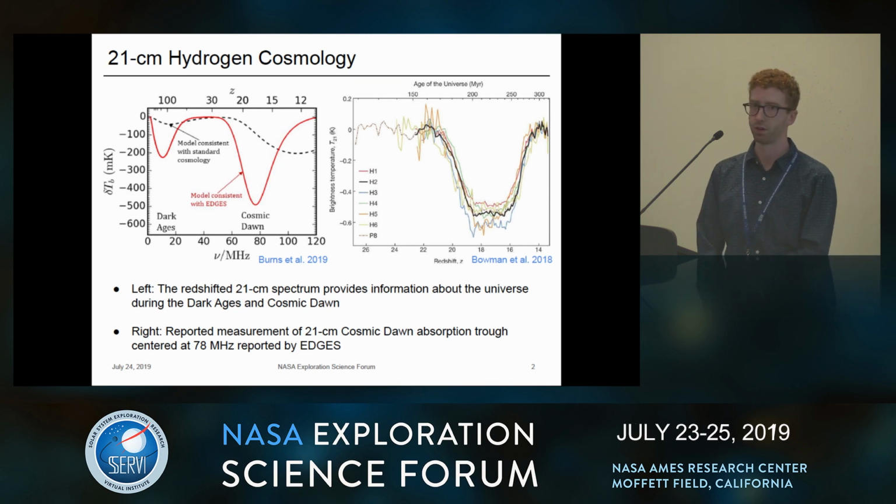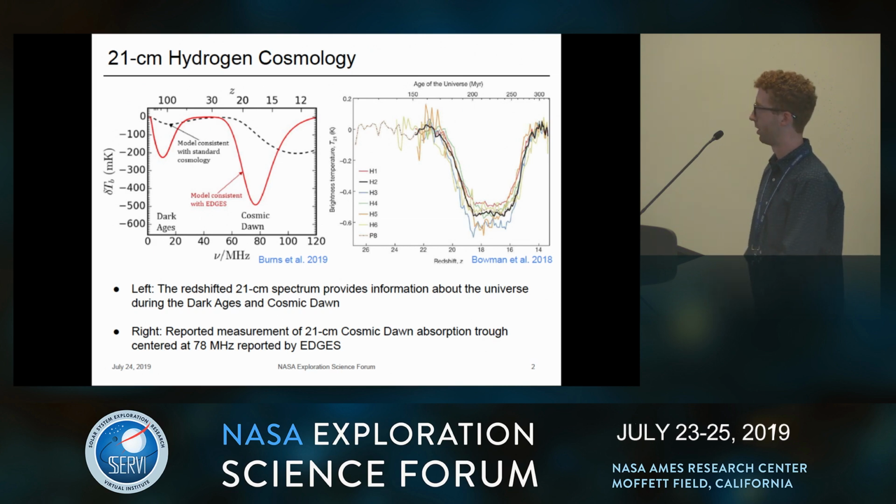In this 21 centimeter spectrum, we expect to see two different absorption troughs relative to the cosmic microwave background. The first, at lower frequencies, is the dark ages trough, which corresponds to the time before any luminous objects existed. And at higher frequencies, the cosmic dawn trough, which corresponds to times when the first stars, galaxies, and black holes began to form.